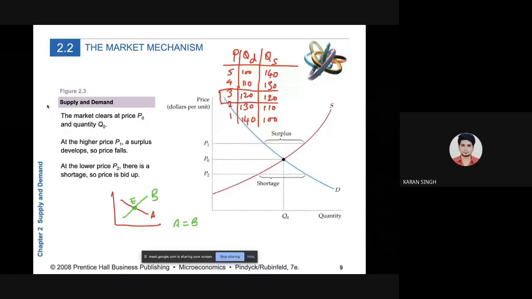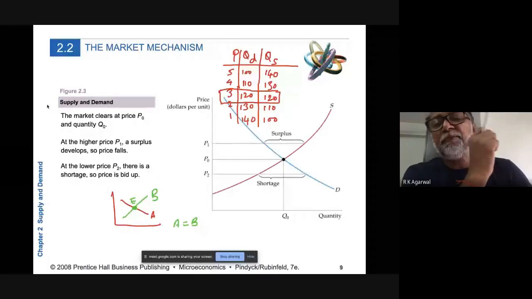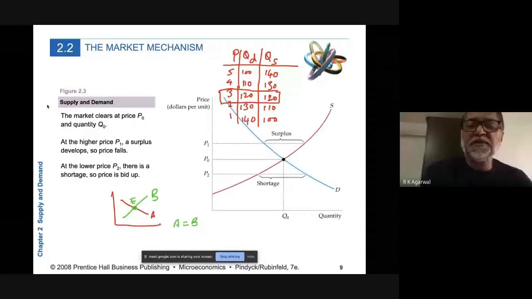So both are equal at price 3. So this point will be the equilibrium point at which demand is equal to supply. That is what this equilibrium point shows. And what does this P0 show?